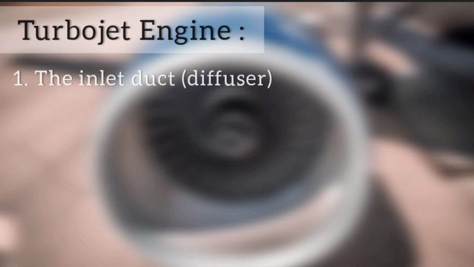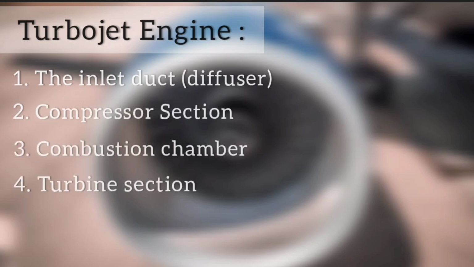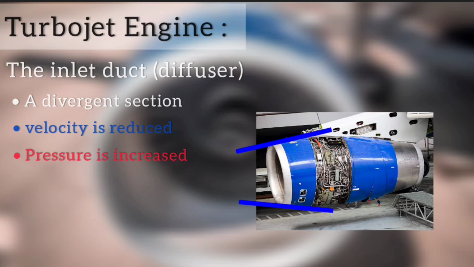It contains the following stages: the inlet duct or diffuser, compressor section, combustion chamber, turbine section, and then the nozzle. The inlet is usually a divergent section, because of which the velocity of the air is reduced and the pressure of the air is slightly increased.